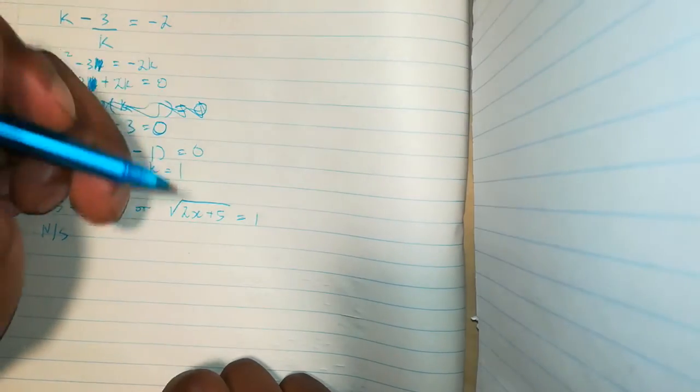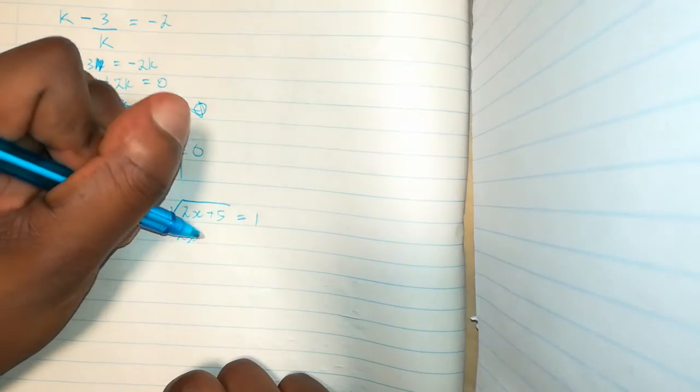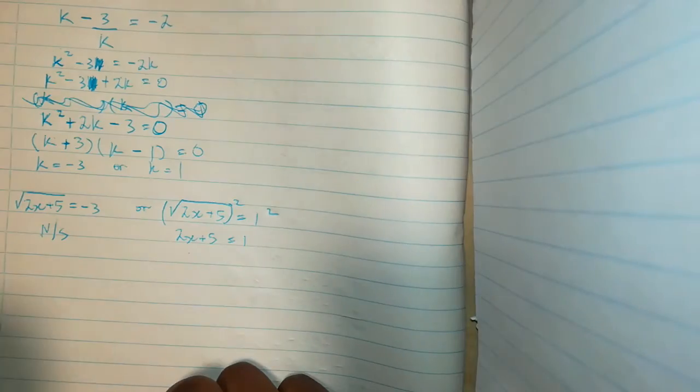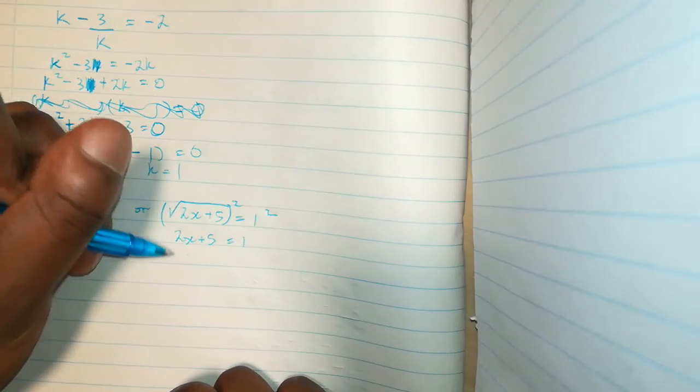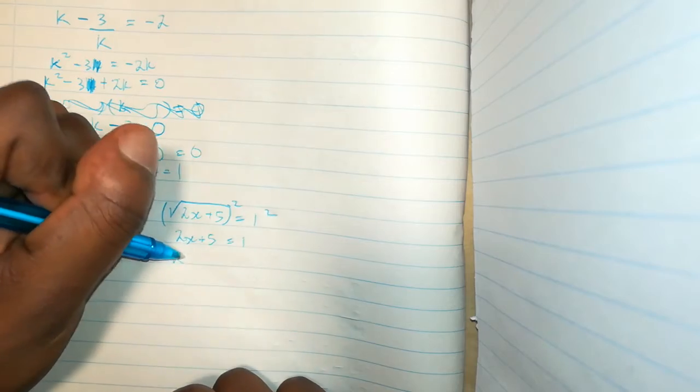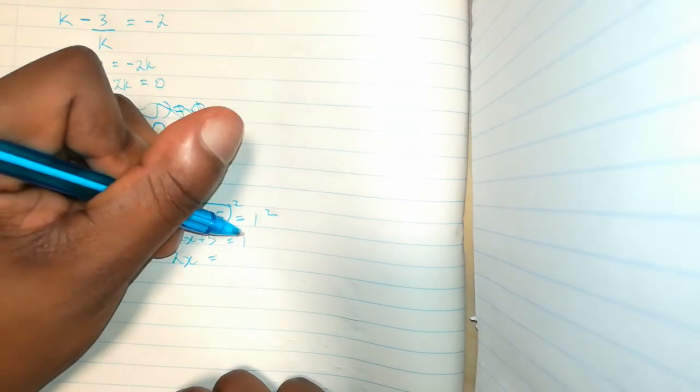So in this case, once you remove the square root, you're going to have to square both sides. So it's going to be 2x plus 5. When you're squaring, you have to square both sides. You get this. You need to solve for x. So x on one side and numerics on the other side. It moves that. It becomes negative 5.